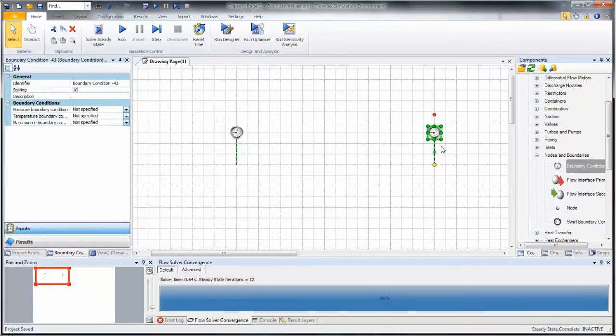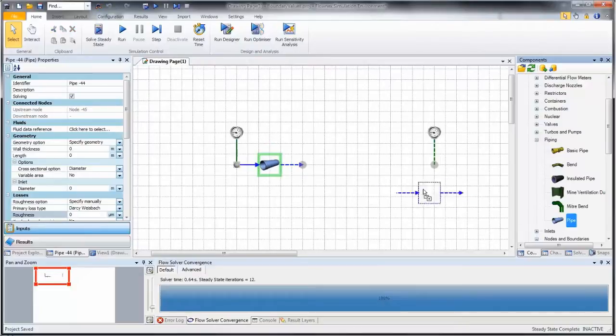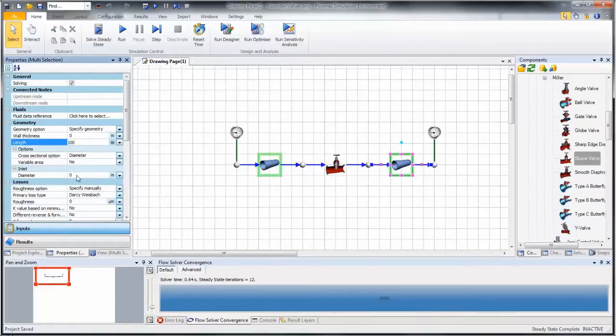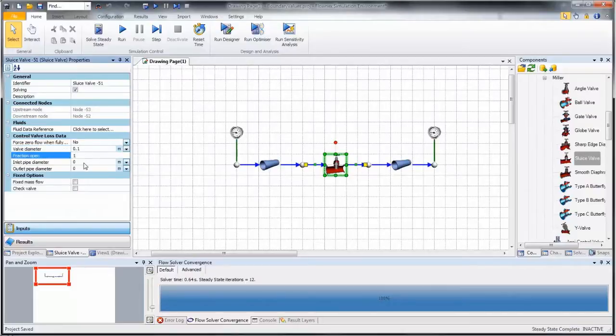And I'll quickly set up the small network we constructed at the end of the previous session using two pipes and a valve, together with the applicable diameter, length, roughness, and valve specification, and also the fluid assignment.